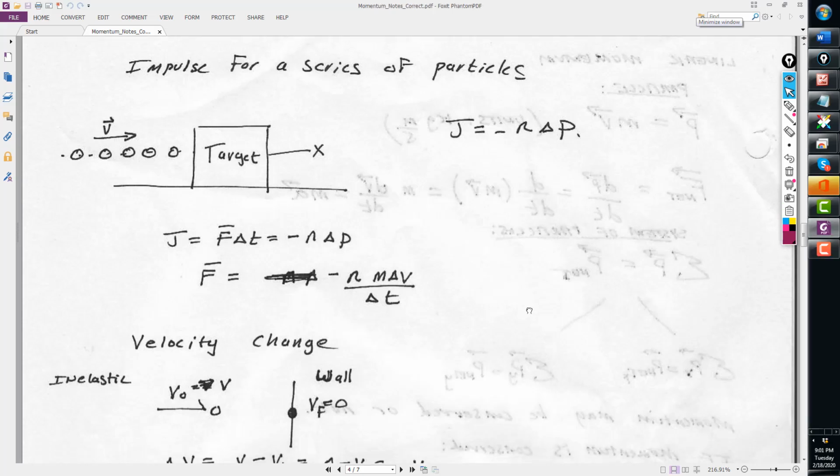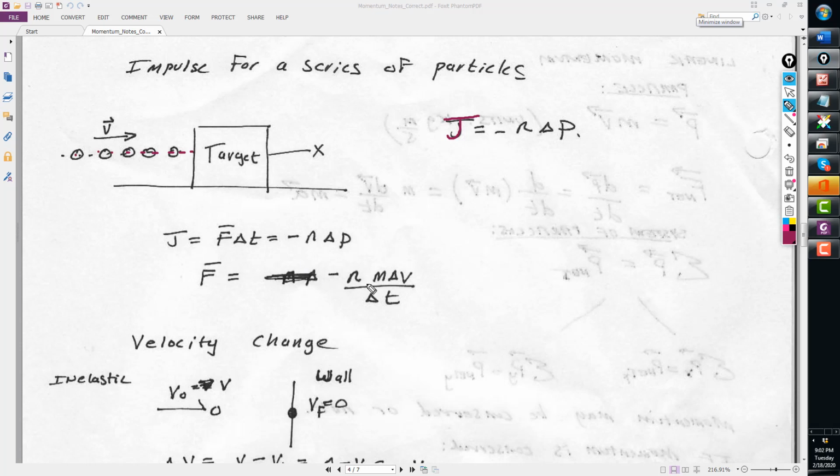Okay, so if we're talking about a series of particles, the impulse of that is just negative N times delta p. So that's just like if you had a bunch of little pellets going towards something, the impulse J is negative N delta p. Okay, so it's a very similar concept.